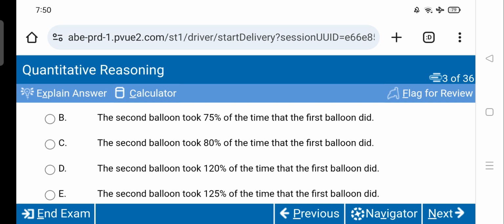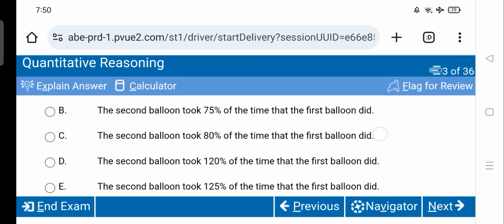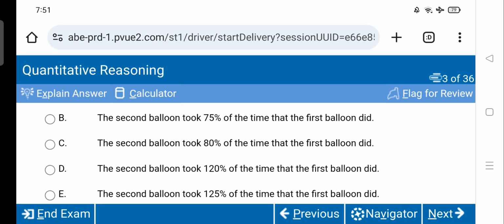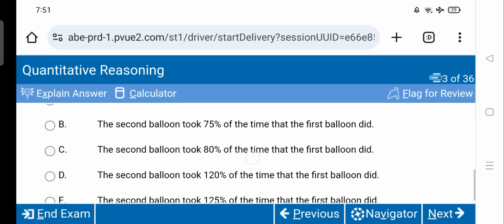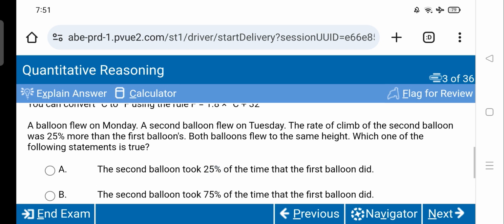Option D, the second balloon took 120% of the time. Option E, the second balloon took 125% of the time. So let's see which one is the correct option.